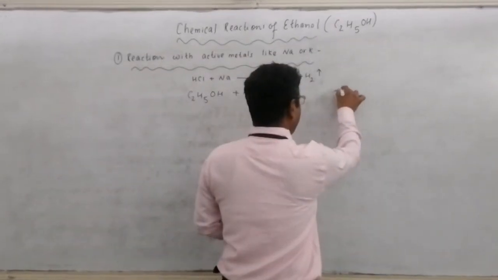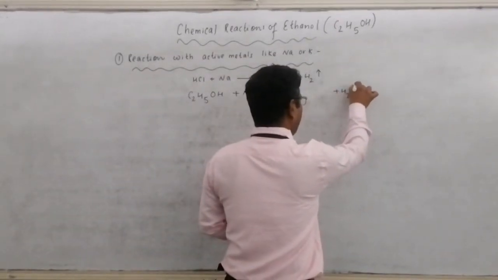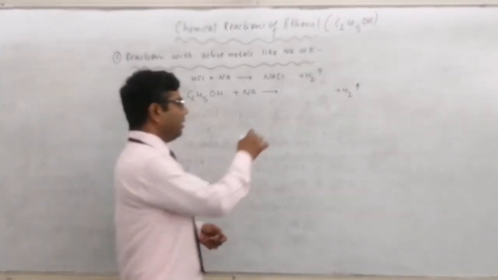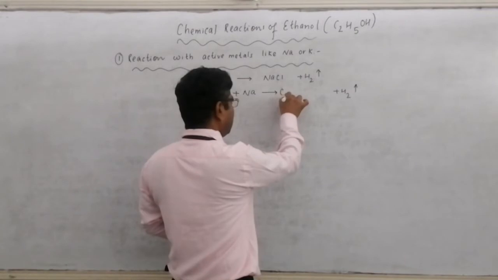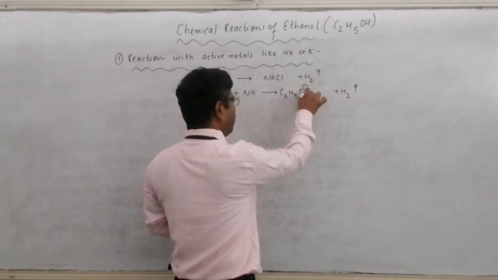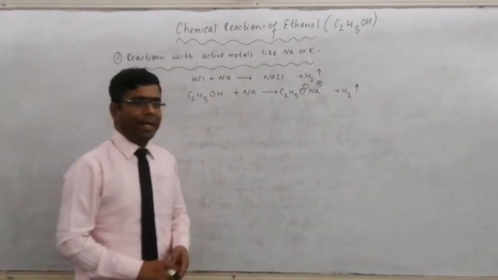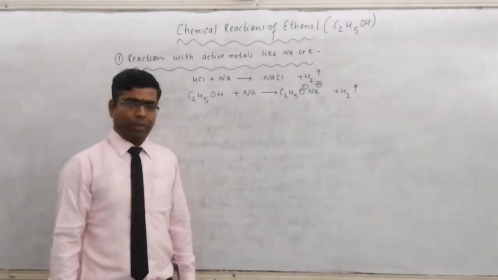So here H2 gas will be produced, and Na will form a new bond with oxygen, as oxygen is electronegative in nature and sodium is electropositive in nature. So the bond formed between O and Na will be ionic in nature.